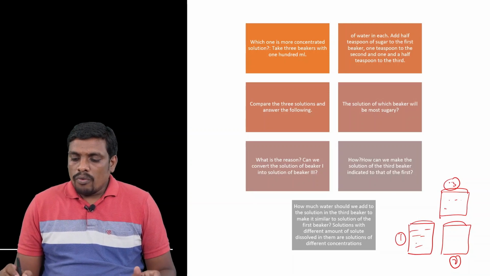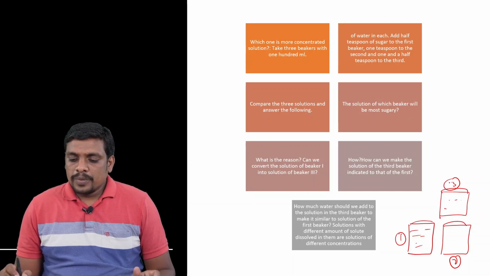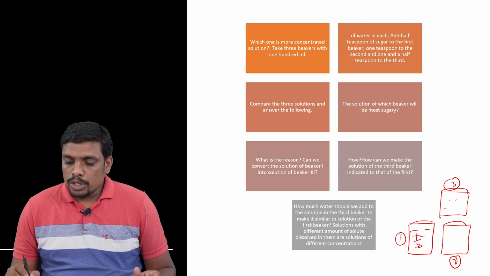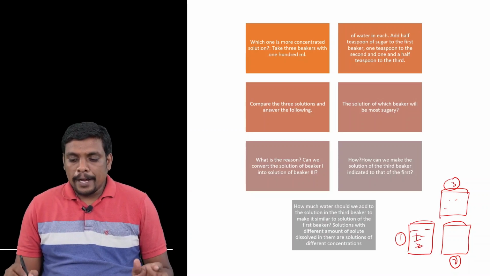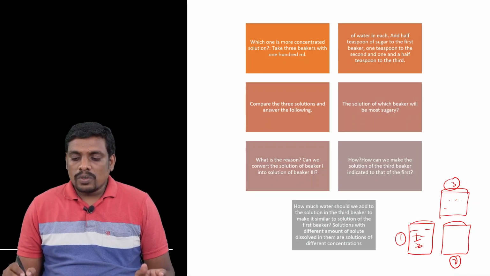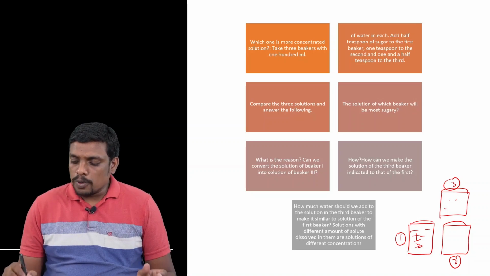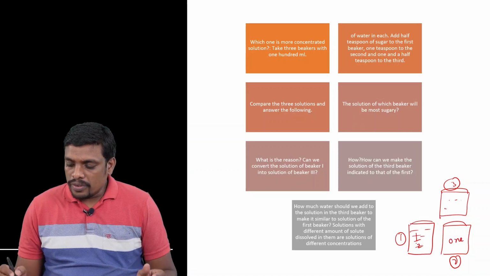So for the first beaker, half a teaspoon of sugar we should add. To the second, 1 teaspoon of sugar we have to add.